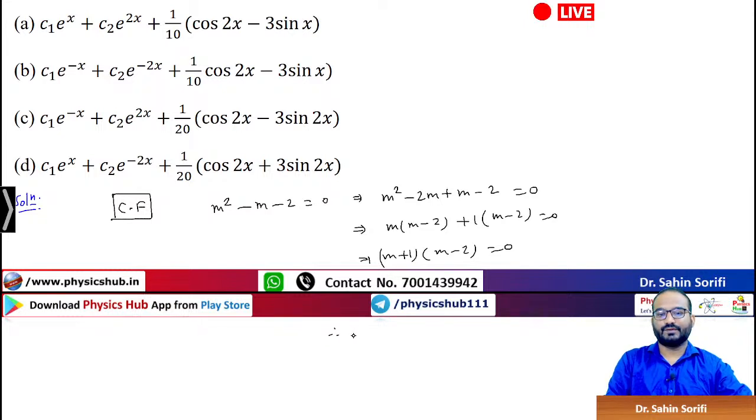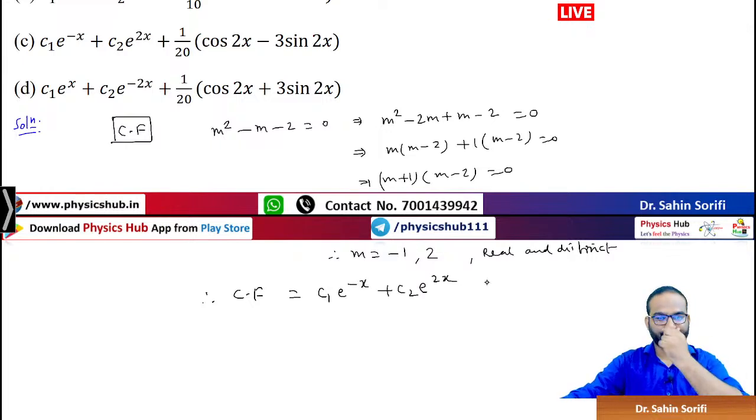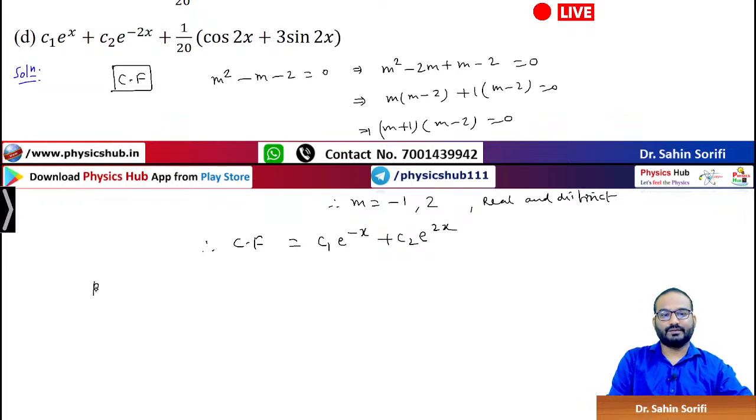That gives you m equals minus 1, 2. Real and distinct. Real and distinct means we can write the complementary function as c1 e to the power minus x plus c2 e to the power 2x.